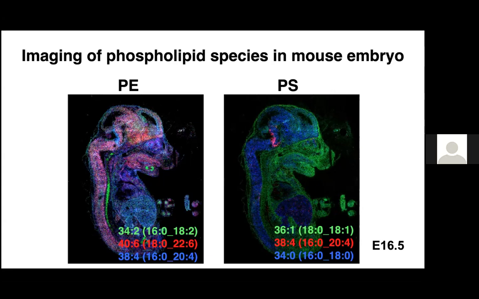For example, as you can see here, three phosphatidylethanolamine PE species, 34:6 and 38:4 PE species, showed very different cellular distribution patterns in the mouse embryo. The same is true for the three PS phospholipid species shown on the right.